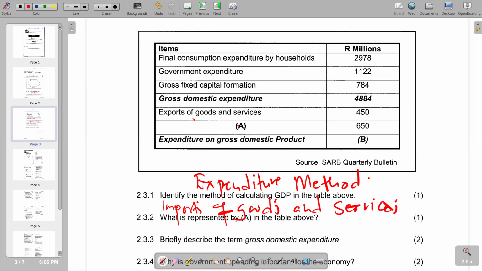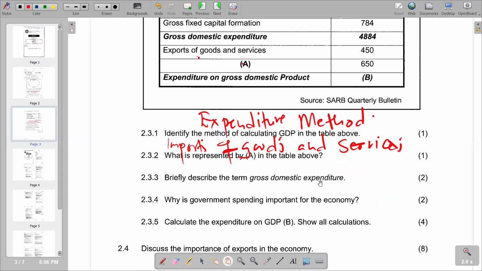So I believe that the question that we have, we are saying, briefly describe the term gross domestic product. So we are saying gross domestic product is described as the total value of goods and services produced in the domestic economy or local economy. That's gross domestic product.